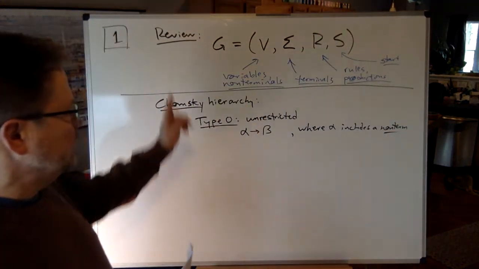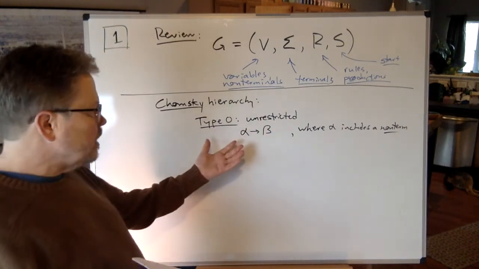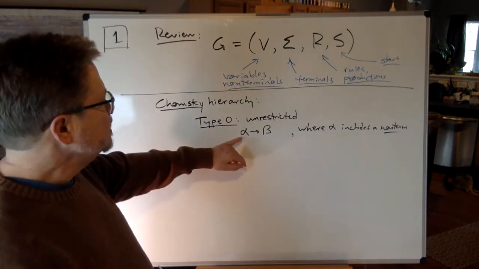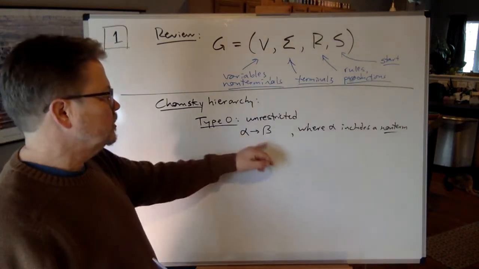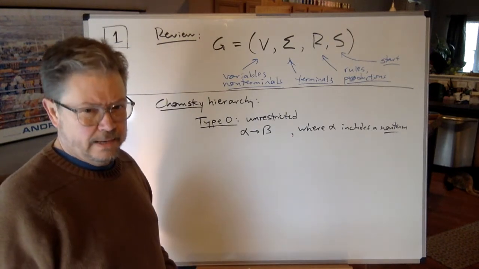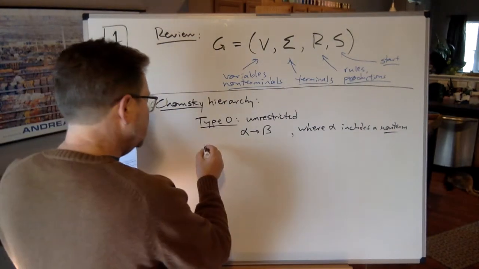Alpha has to have something out of V. Otherwise, if this is nothing but terminal symbols on the left, then we're done. We can't replace terminal symbols with other terminal symbols or anything else. So alpha has to have at least one non-terminal, but aside from that, there are not really any restrictions on the format of those productions at all. So that's the anything goes version of a grammar.